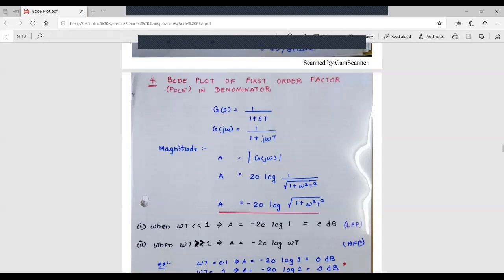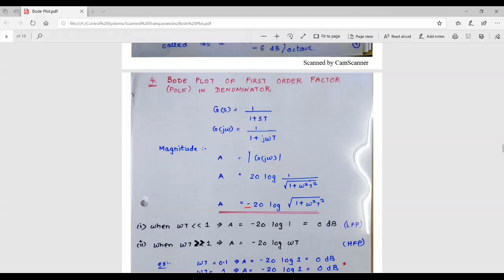So 20 log is common for the magnitude calculations: 20 log of magnitude of G of j omega. The numerator is going to be 1 because under root 1 square plus 0 square is 1, upon under root 1 square, that is 1, plus omega square T square. So this is going to be the magnitude. Now, if you need to take it in the numerator, you need to mark it with a negative sign.